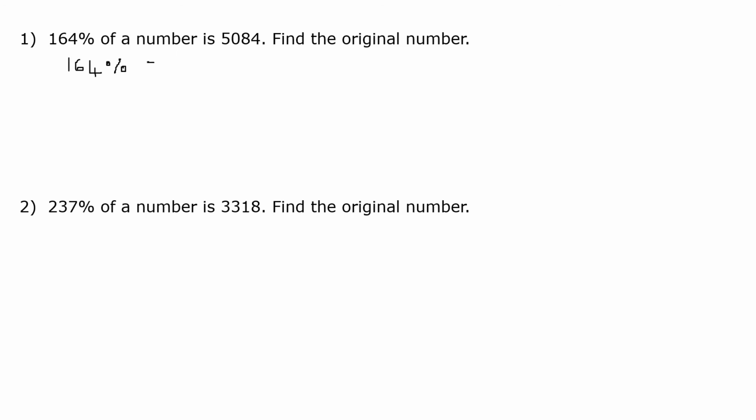So our first question, we're given that 164% is equal to 5,084. Going to do exactly what we did on the previous slide. We're going to find 1% first. So we're going to divide by 164 on both sides.